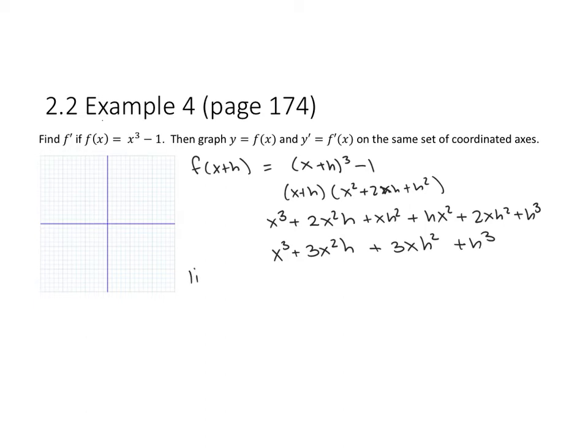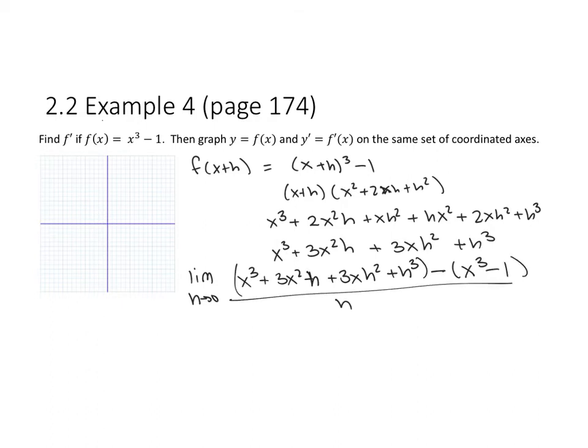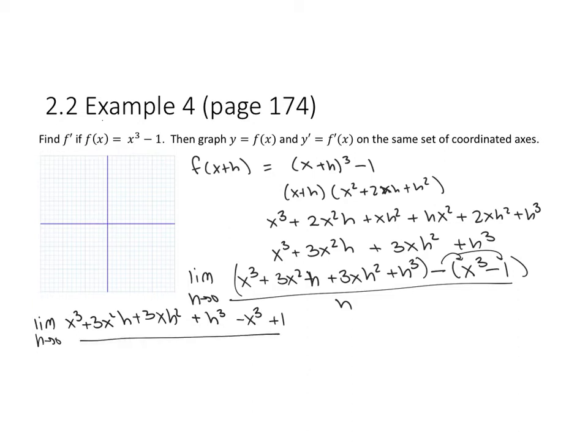So now we can plug it into the limit as h goes to 0, f of x plus h, or x cubed plus 3x squared h plus 3xh squared plus h cubed minus x cubed minus 1 all over h. Again, we have the limit as h goes to 0 of x cubed plus 3x squared h plus 3xh squared plus h cubed, and then I'm going to distribute this minus sign to each piece, minus x cubed plus 1 all over h.